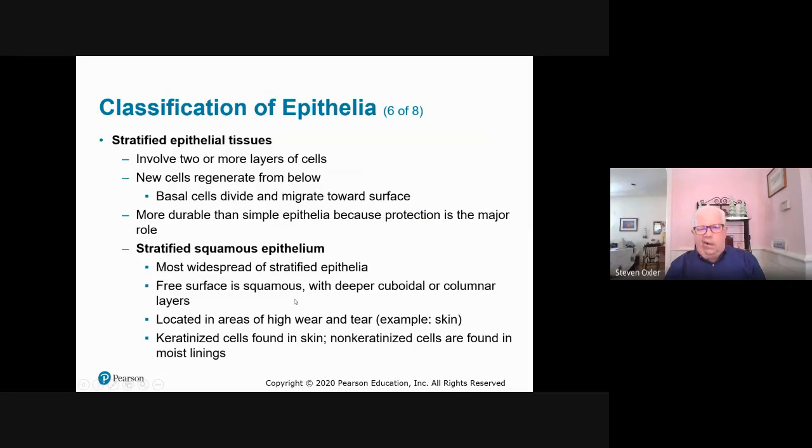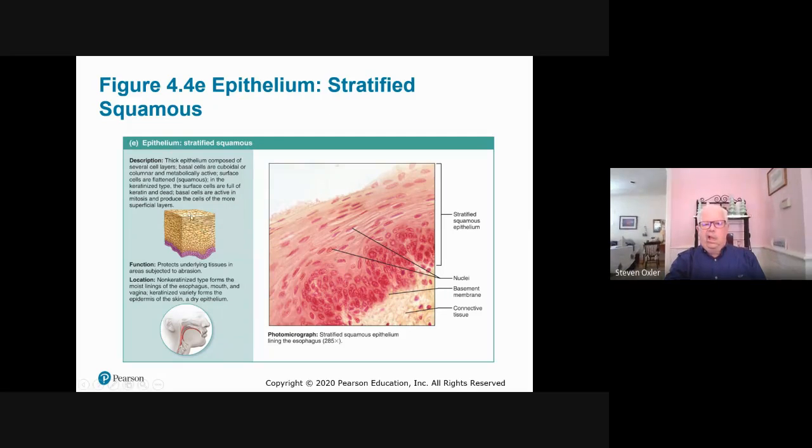It is located in areas of high wear and tear, and obviously that is your skin. And you'll learn in the integumentary system that it is also covered by a layer of protein called keratin, and we'll talk about that when we get into the integumentary system. Here it is. Stratified, more than one layer of flat cells, stratified squamous epithelium. It's your skin.